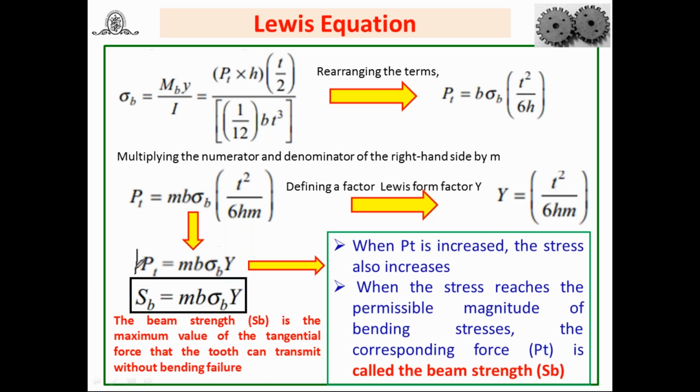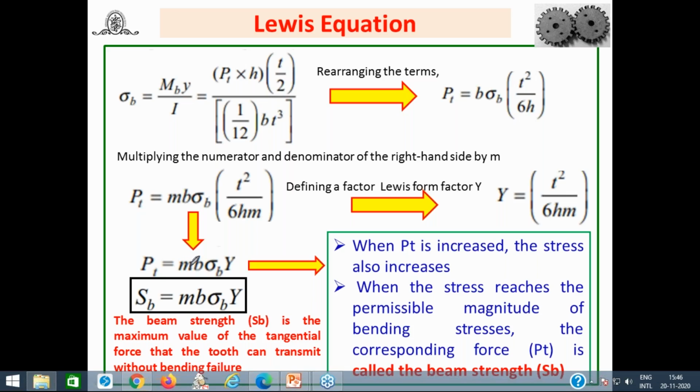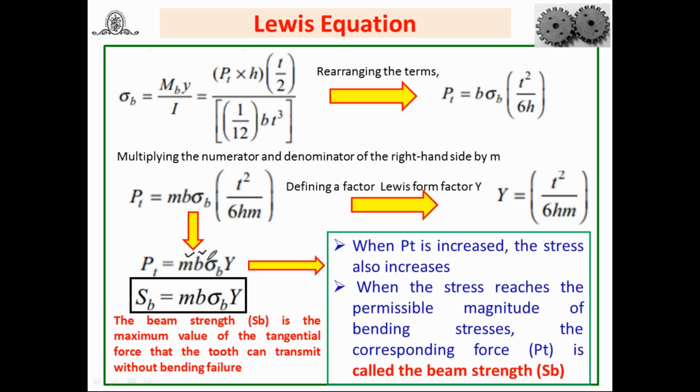Then second thing, we have derived these terms M, B, sigma B into Y. So we will see the module with sigma B bending stress and Lewis form factor. I already told about this Y. Then when we are going to increase this PT, what would happen? The stress is also going to increase. Try to understand. When this stress, the sigma B bending stress, reaches the permissible magnitude of bending stress, the corresponding force PT is called beam strength.